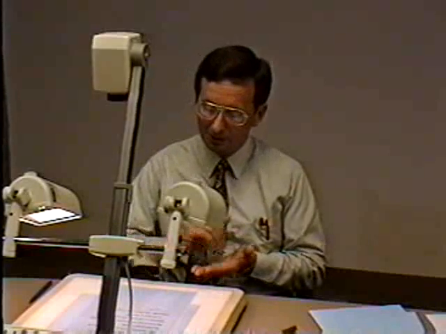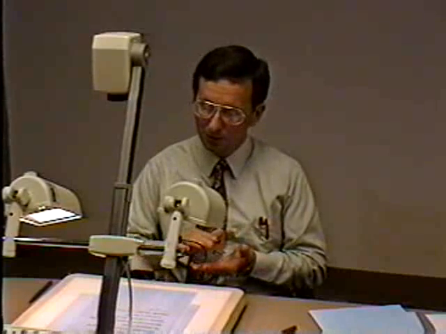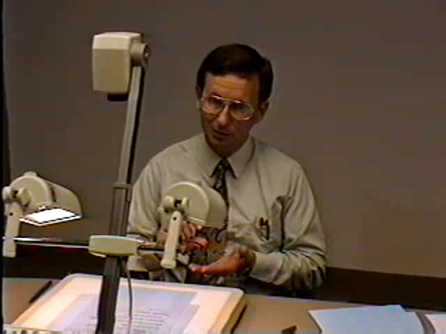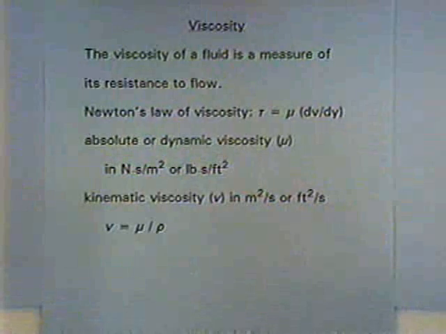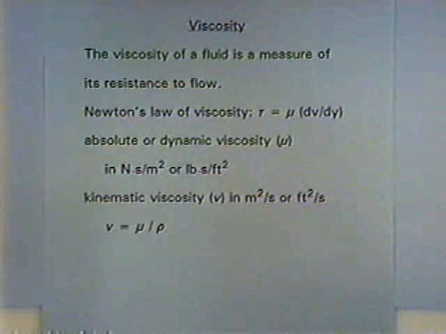And the force that it takes to make the plate move is proportional to the velocity at which it's moving and inversely proportional to the distance between the two plates separated by the fluid. And so that's sort of a classical way of visualizing that. And the units for viscosity are Newton seconds per meter squared or pound second per foot squared. And so you see viscosity in your formulas in fluid mechanics and hydraulics quite frequently, and it's a matter of plugging in that property of the fluid in the expressions.